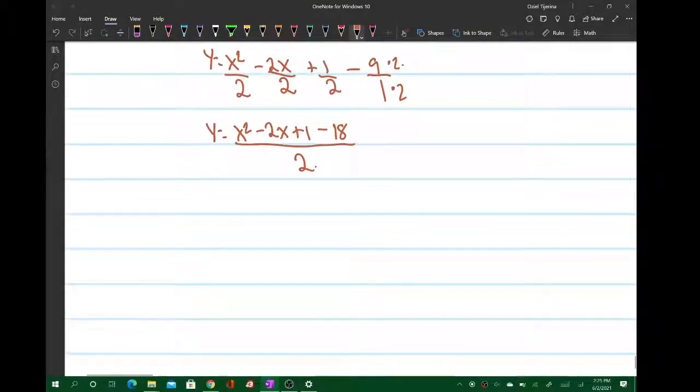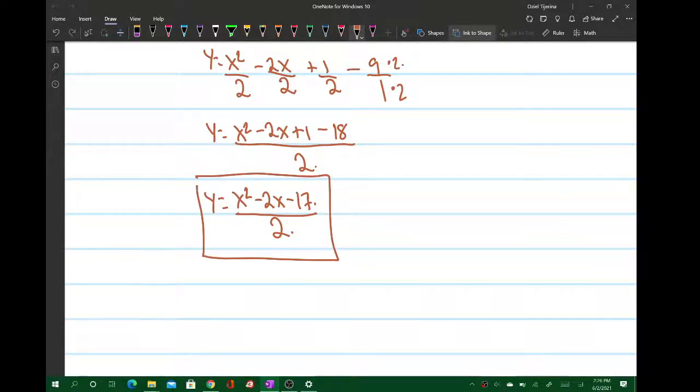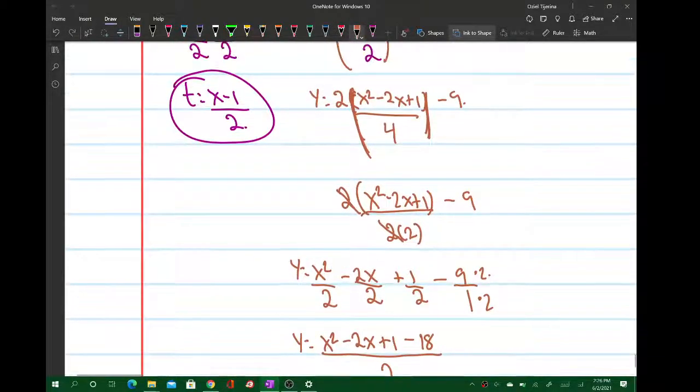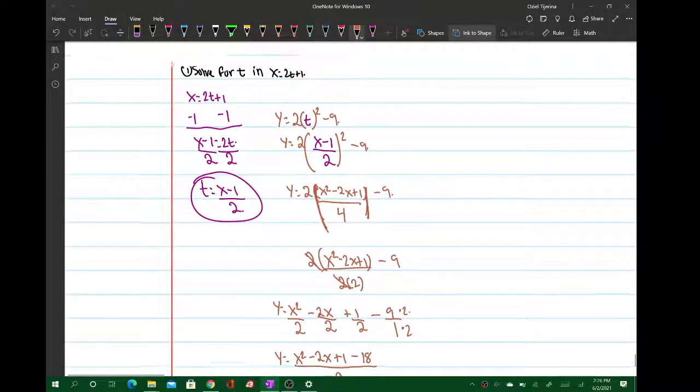So this is y equals x squared minus 2x minus 17 all over 2. And that is how we turn this into a rectangular equation in terms of x and y.